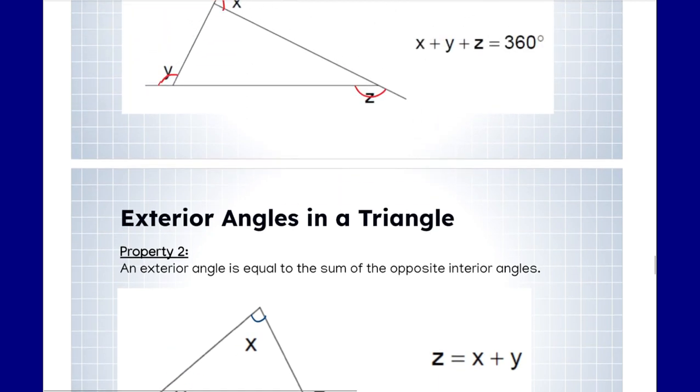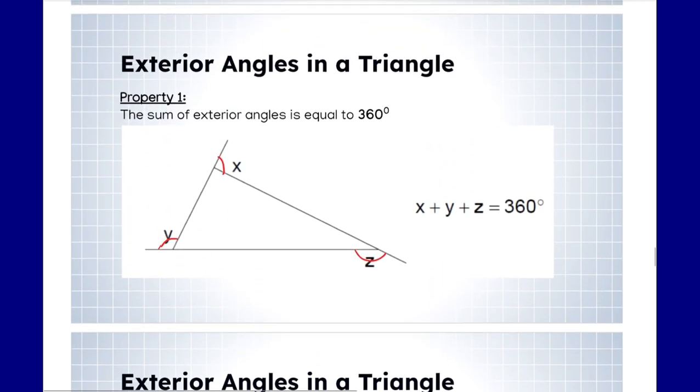If we go back up to here and look at some of the examples, if I look at y down in the bottom left, these two angles in green, if I add them up, they would equal angle y. Same thing for angle z. These two angles in yellow or gold, the sum of those two angles would equal angle z.